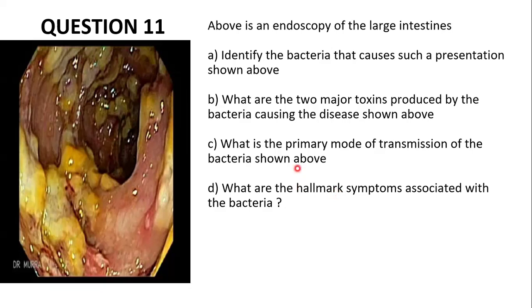So what is this presentation before we know the bacteria? Answers on the chat, or you can unmute. What I can see are yellow plaques. So this is the large intestine, and these are yellow plaques, outpouchings out from the large intestines.